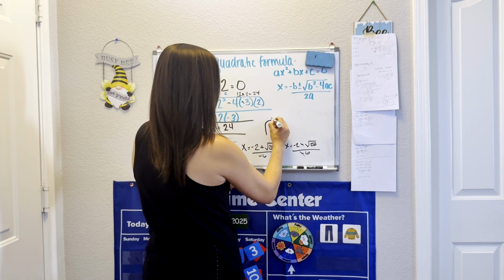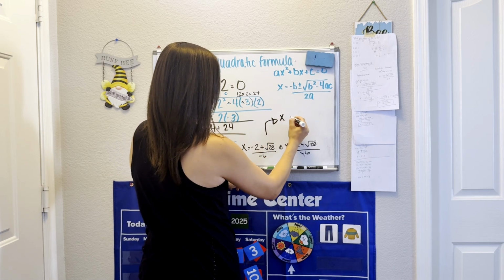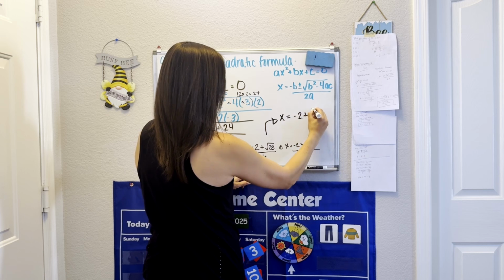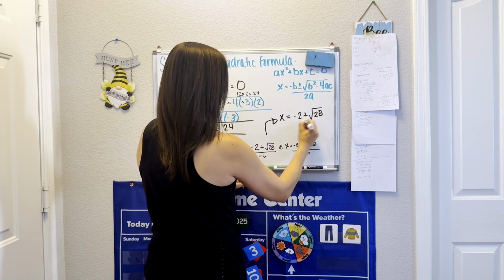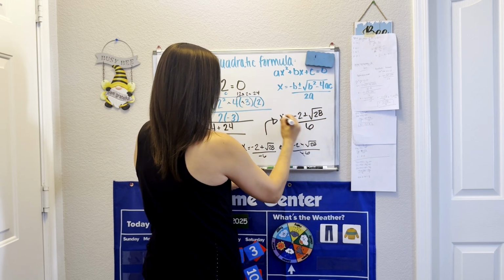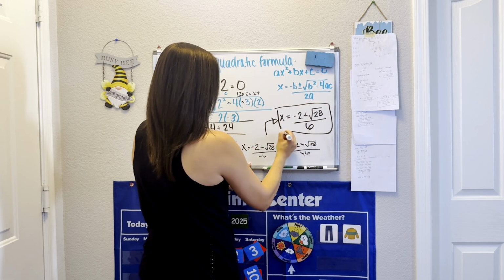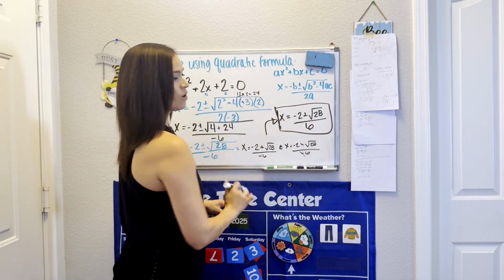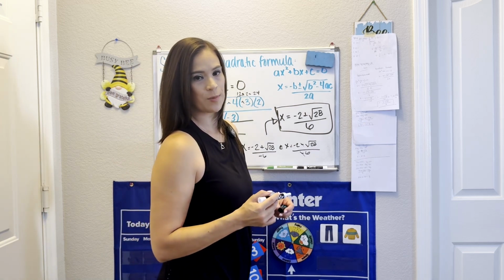So our actual full answer could be x equals negative 2 plus the square root of 28 all over positive 6. So depending on your teacher, that would be your full final answer using the quadratic formula.